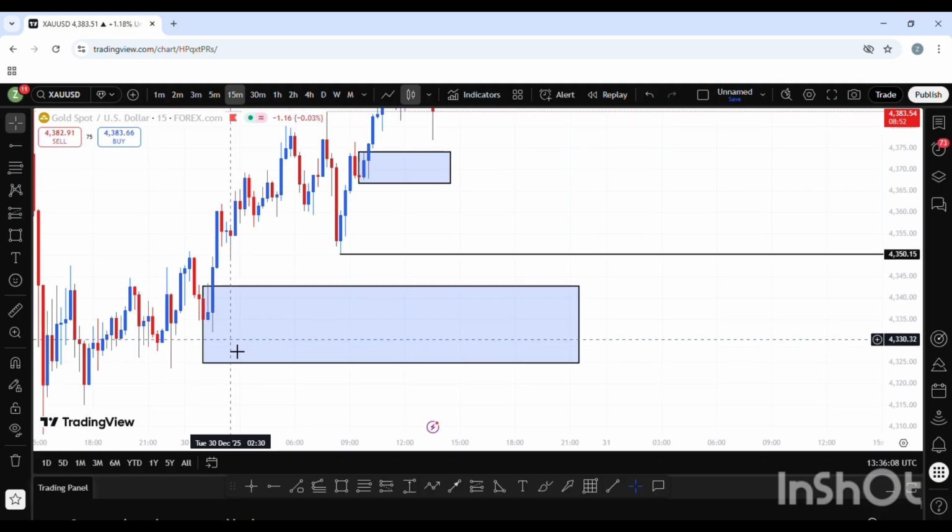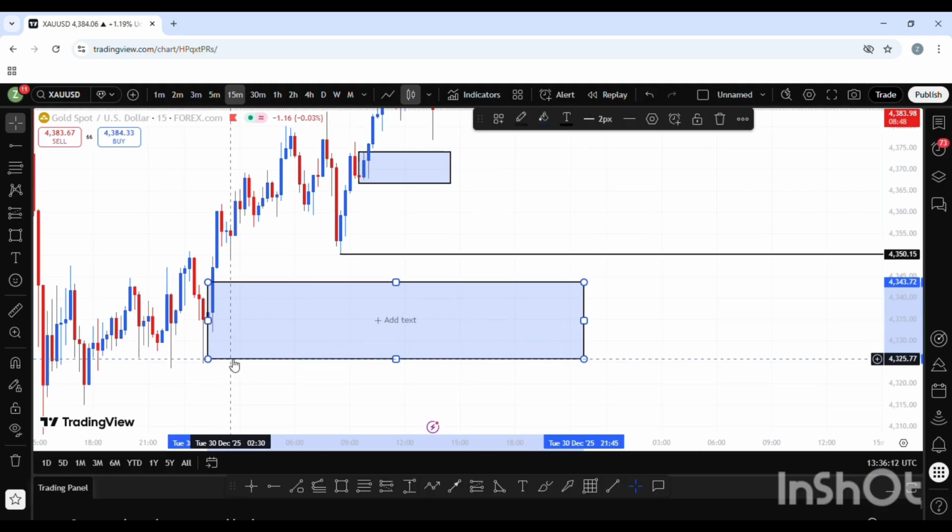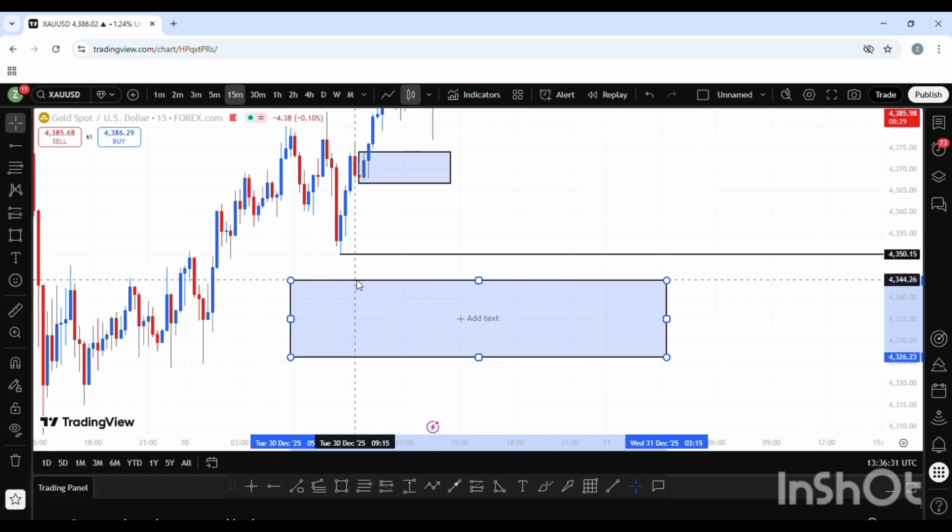So you can imagine how tricky this trade is gonna be. For me, I take my aggressive trades on 15 minutes. Confirmation trades, I take them on 5 minutes or 3 minutes, mostly 5 minutes. So let's adjust the order block together with the break of structures and see if we can get a good setup.